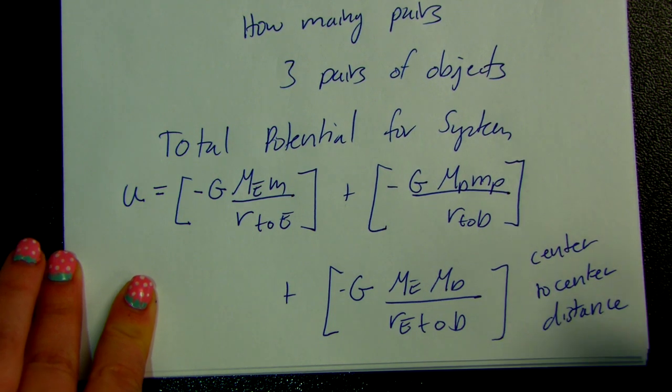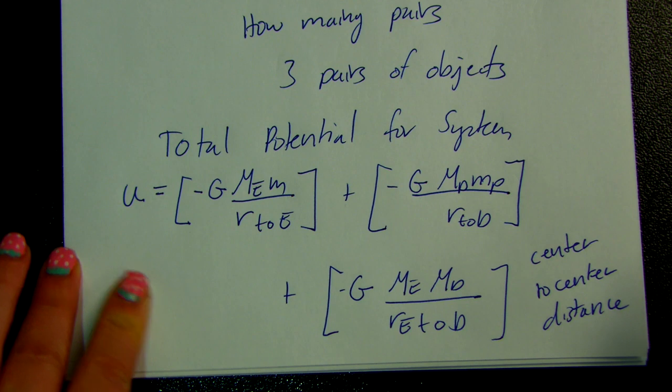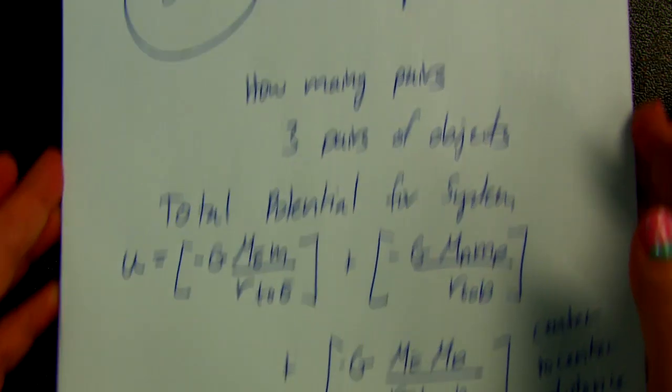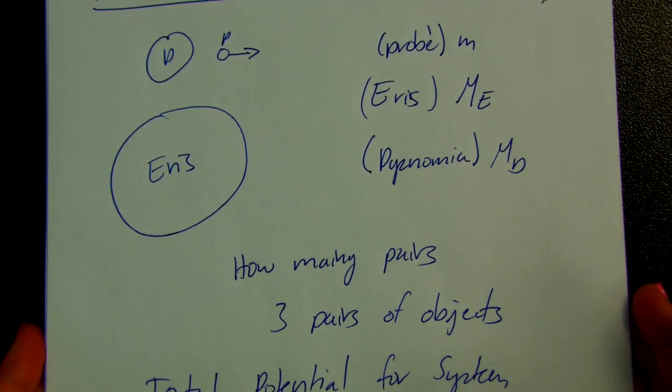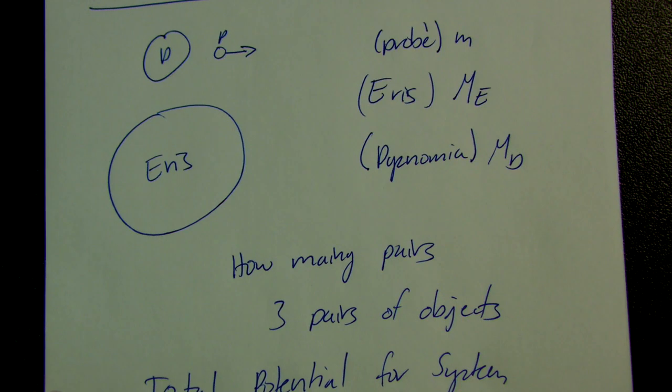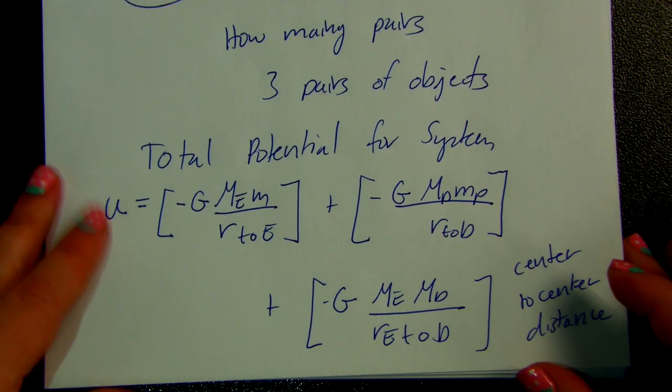Now, when we're looking at a problem like this, we'll want to think about the change in potential energy over the interaction. So we're still dealing with a situation where we have a probe that is leaving Dysnomia, so it's going to be on a planetary time scale, a relatively short span of time.